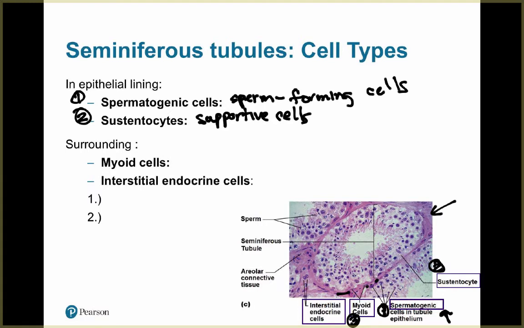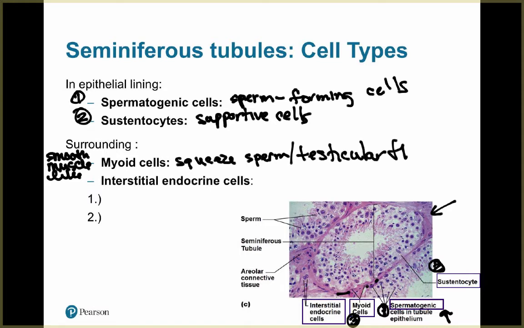These are basically smooth muscle-like cells. They are thought to help squeeze sperm and testicular fluid out of the testes.